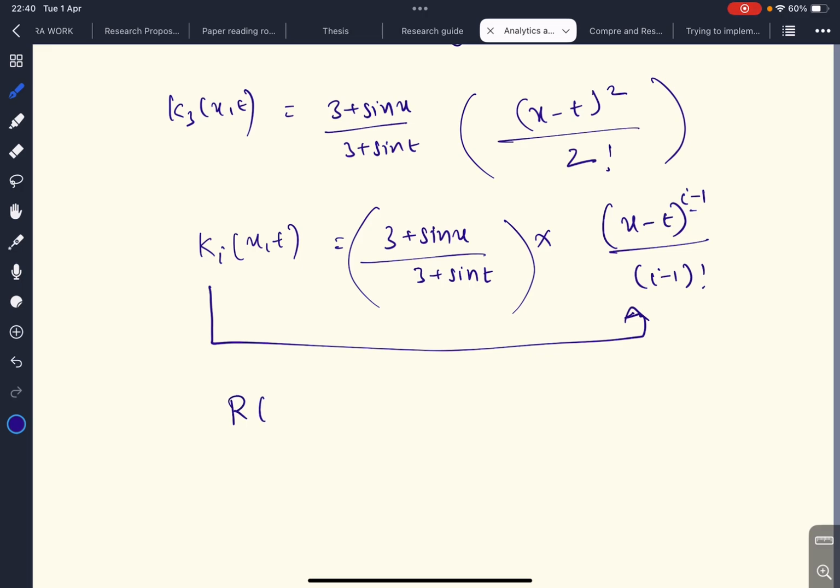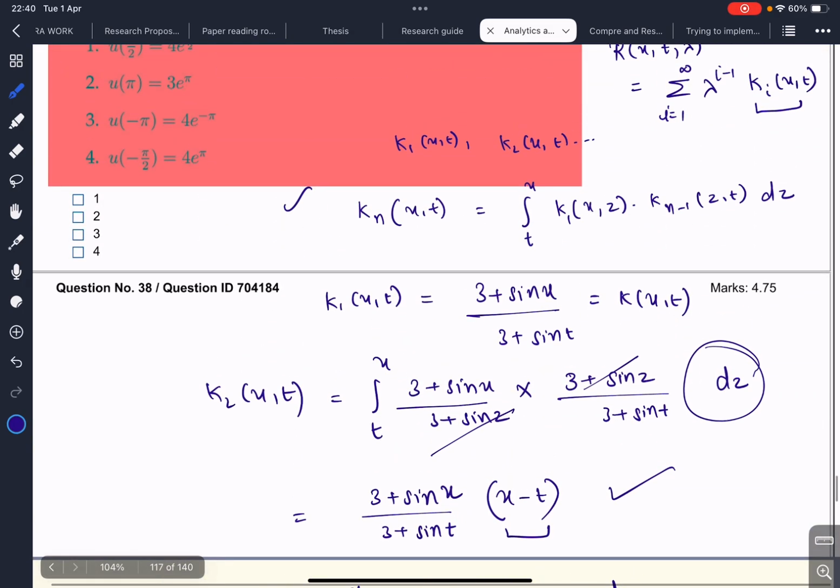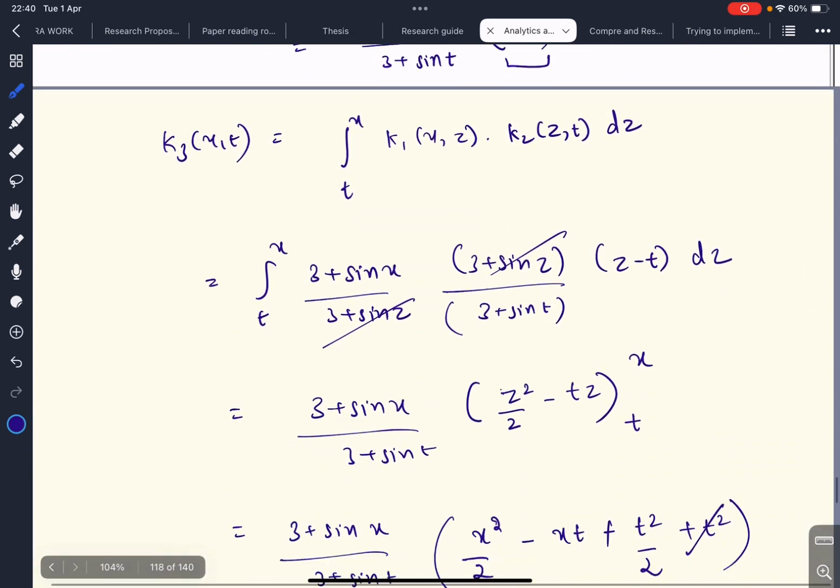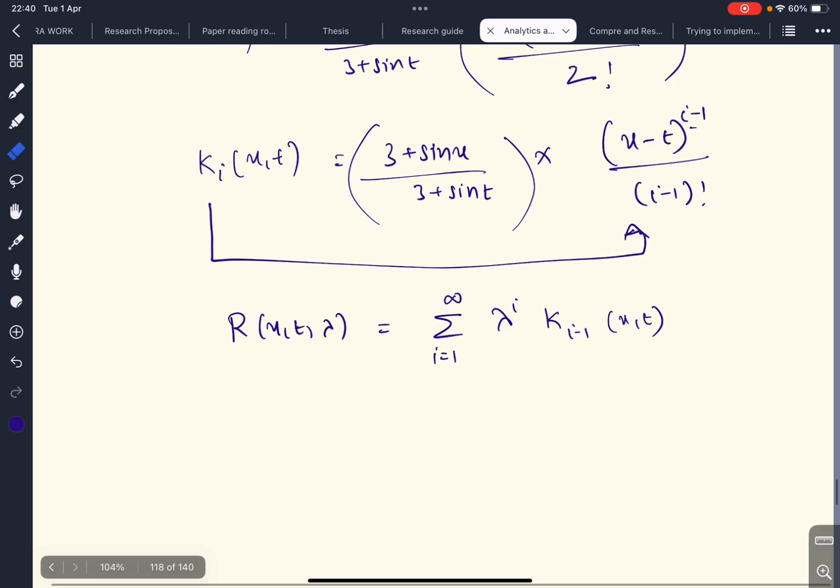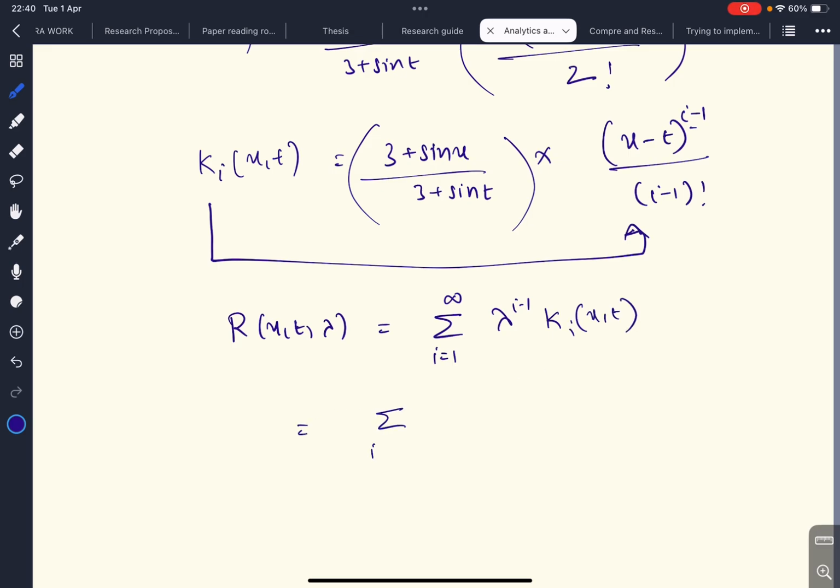So when you find the resolvent kernel, it will be the summation, i from 1 to infinity, lambda to the power i minus 1, k_i(x, t). Sorry, lambda power i minus 1 into k_i(x, t).